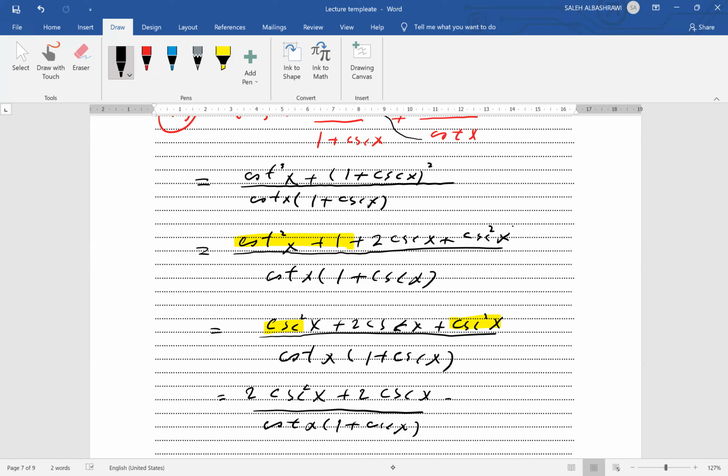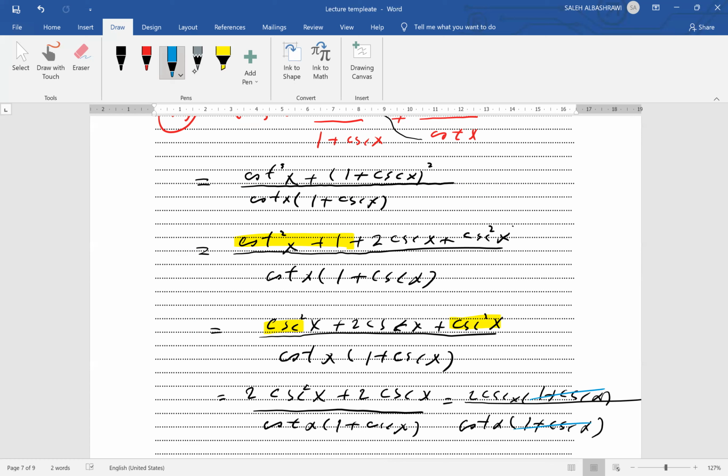I can take 2 cosecant as common factor. I will have 1 plus cosecant of x divided by cotangent times 1 plus cosecant of x. This is common factor, can take it out.